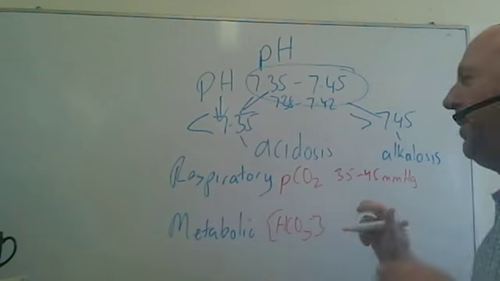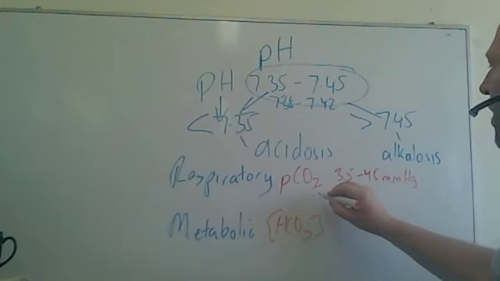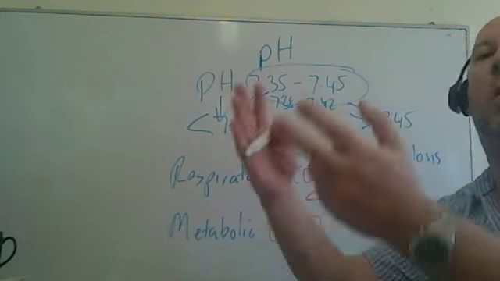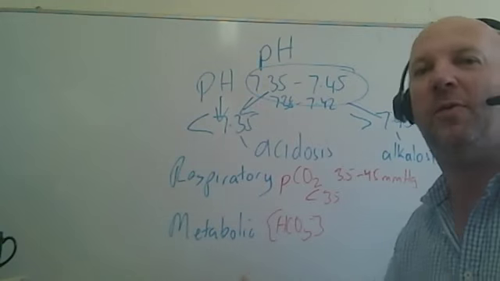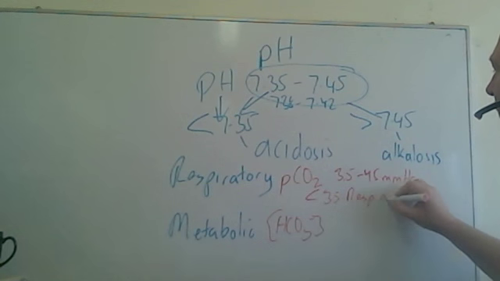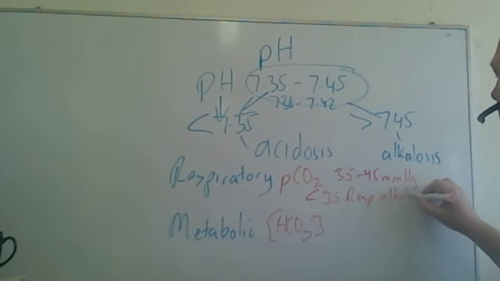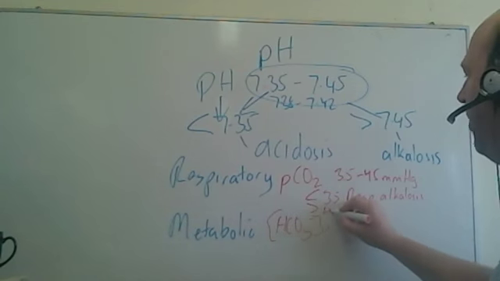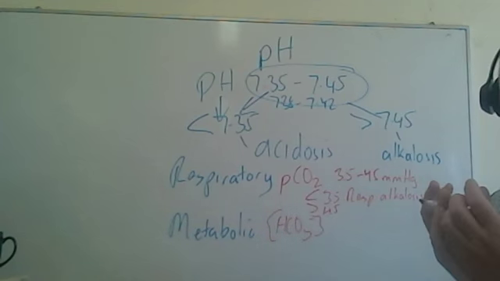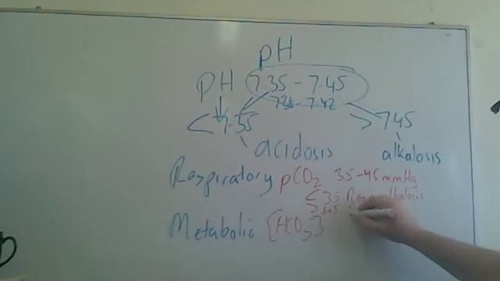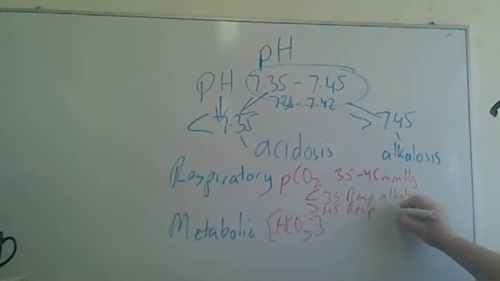If PCO2 is less than 35, you've blown CO2 off, rapid breathing, and you've undergone respiratory alkalosis. And if it's greater than 45, basically what you're doing is holding CO2 within your body, increasing levels of CO2, then you have what we call respiratory acidosis.